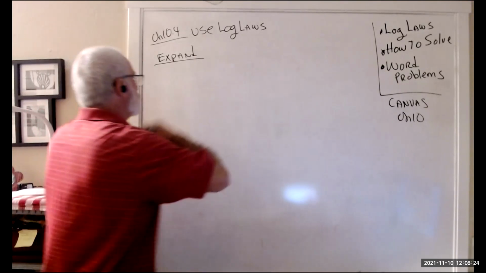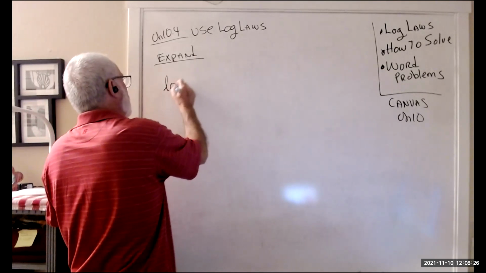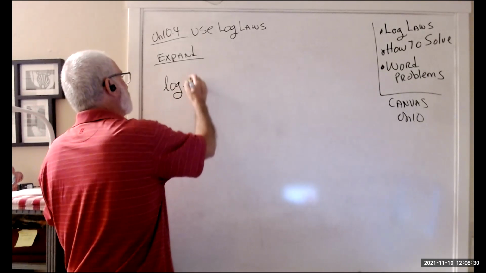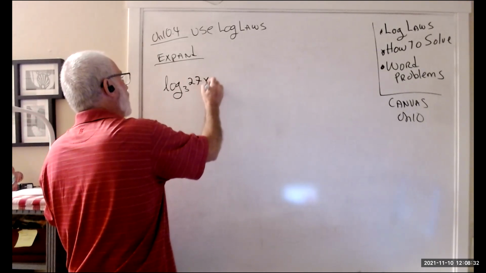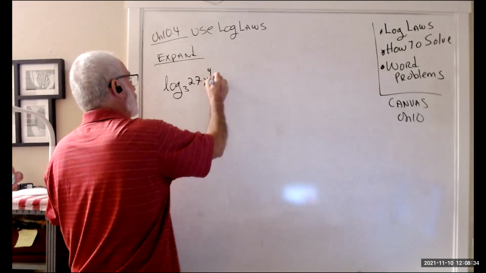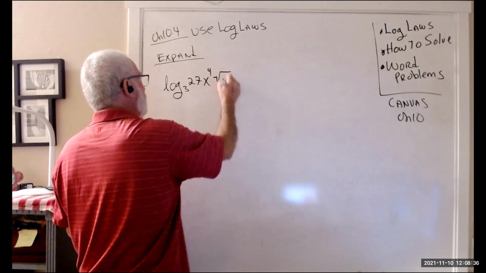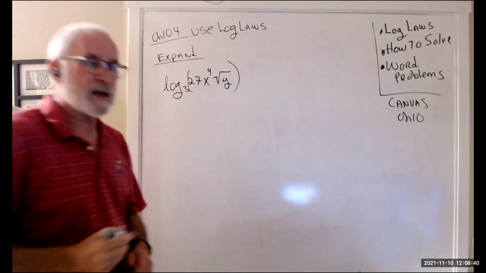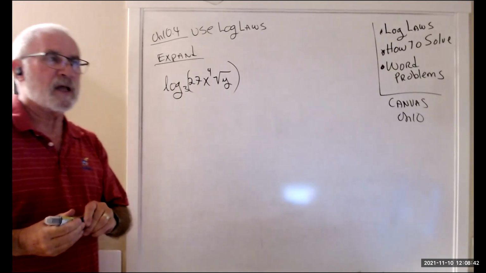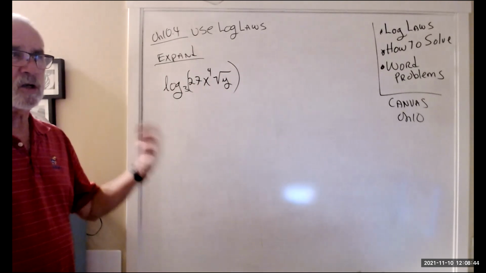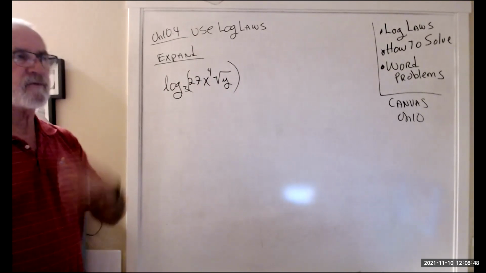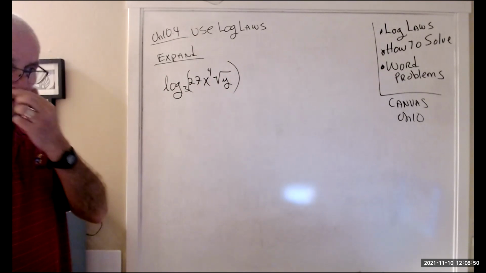So I might give you something that looks like this: log base 3 of 27 x to the 4th square root of y. And what I'm asking you to do is apply every stinking log law you can think of. Everything you can think of.